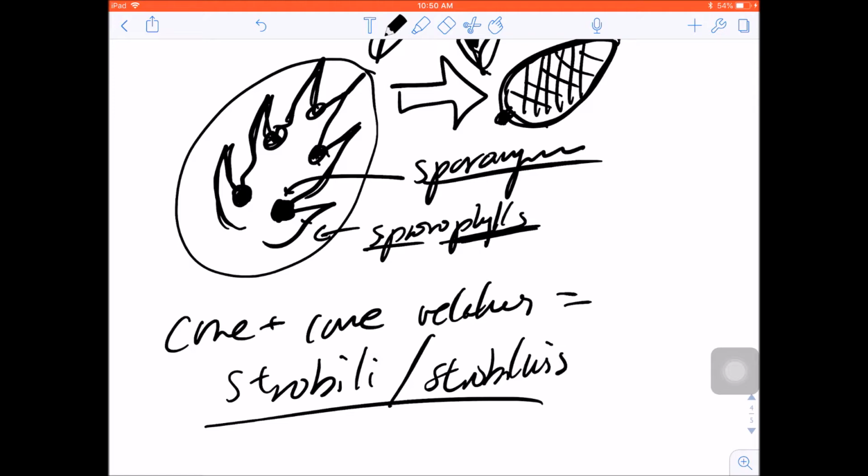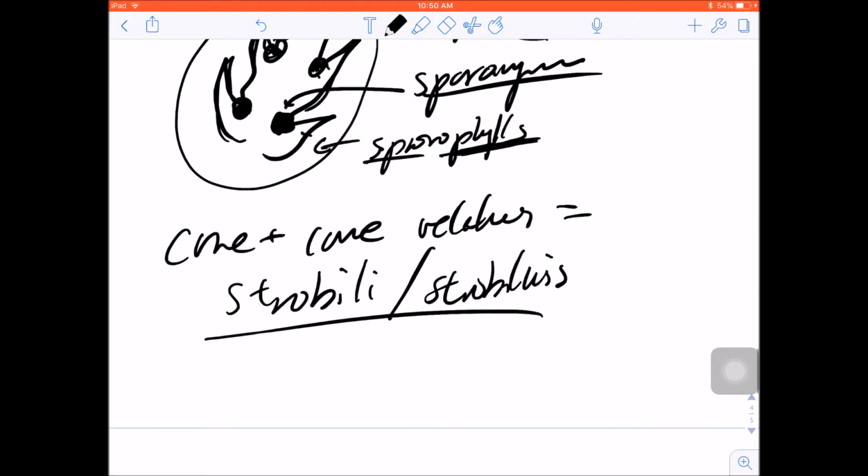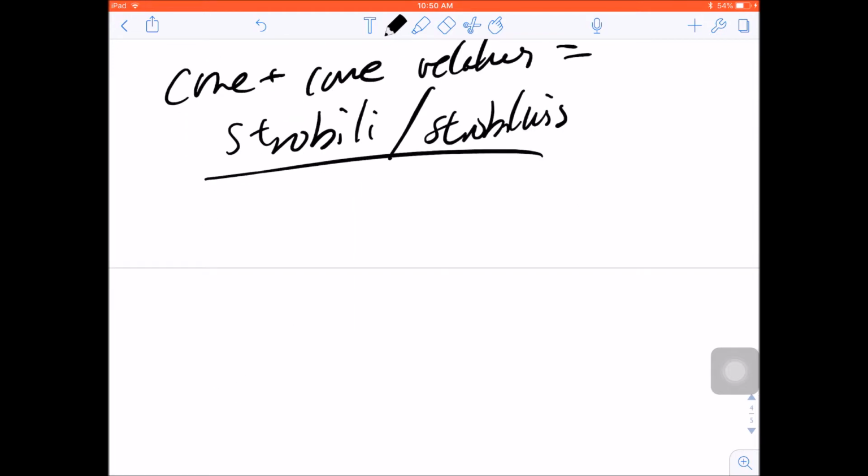Okay, in these club mosses and the quillworts, and this is an emerging theme throughout all of these seedless non-vascular plants, their gametophytes are really small. Small, real small.